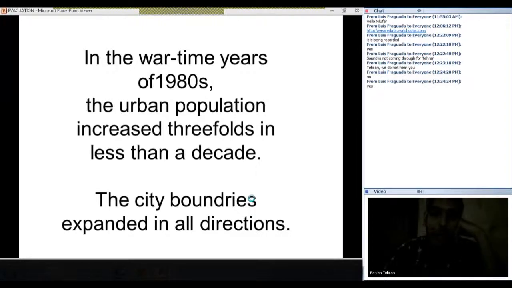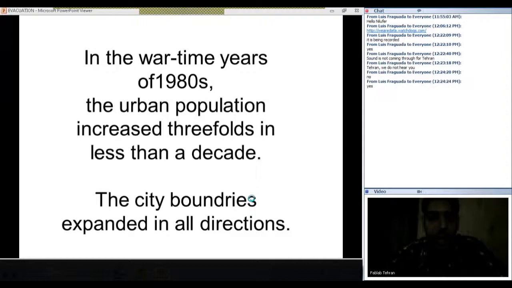The uncontrolled and unplanned growth continues today, but in opposition to the change of the 1980s, this change is not causing an urban sprawl because the extent of the city doesn't change.